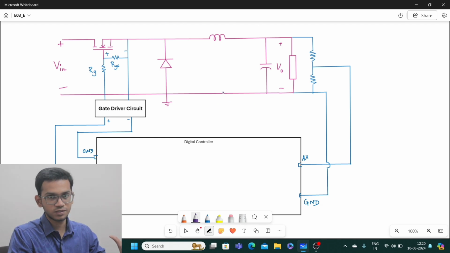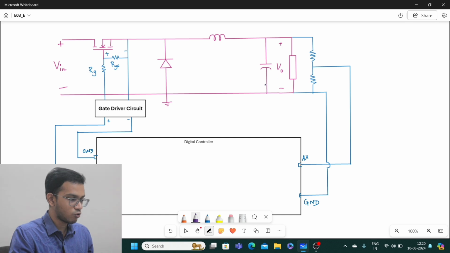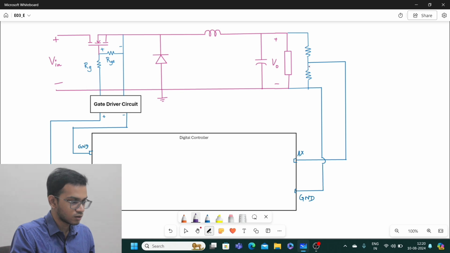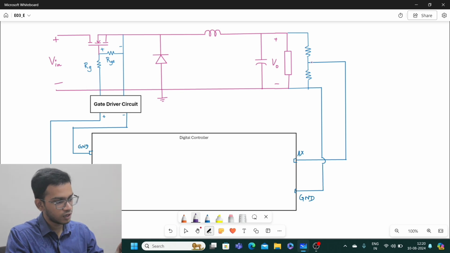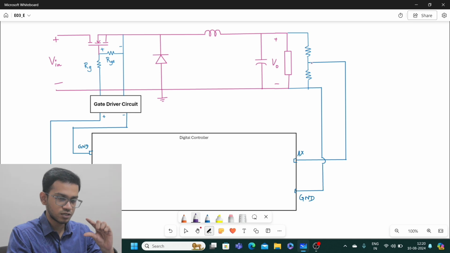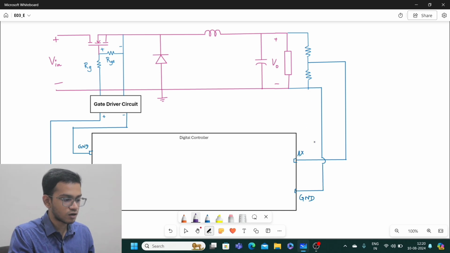This is the system for us which we want to control. However, the story from here changes. What we're doing is actually taking the output after this potential divider, after necessary stepping down, to this analog pin. AX means analog pin. It may be A0, A1, A2, some analog pin, and the ground.